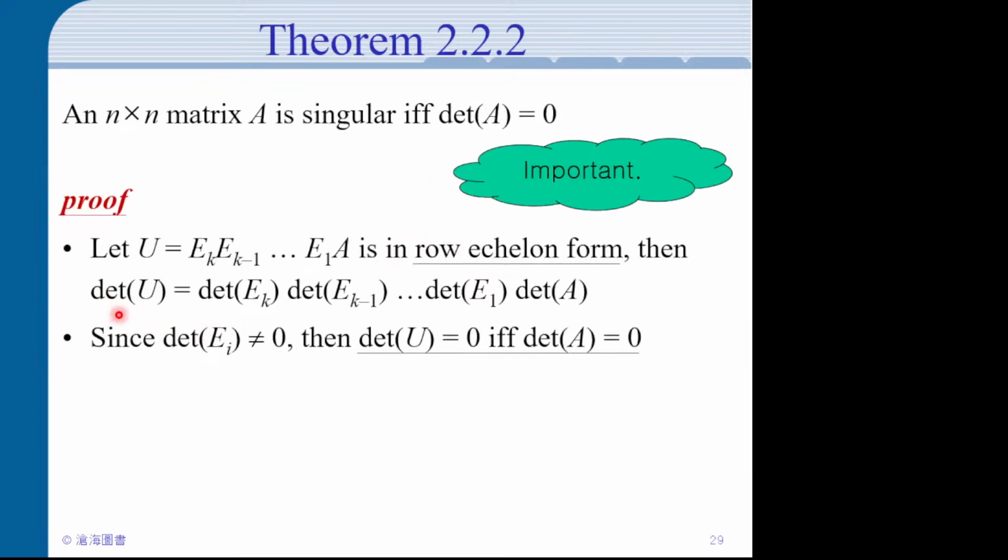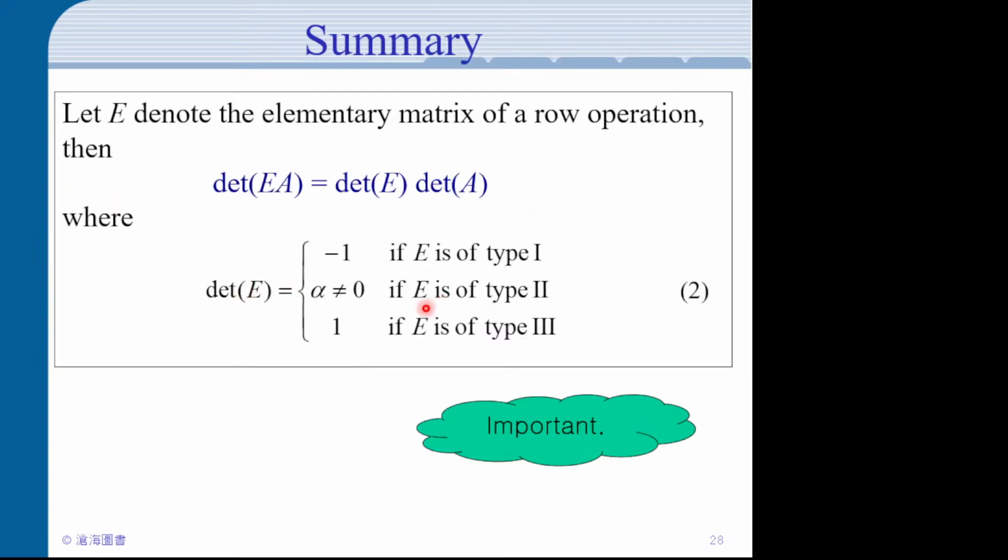So the determinant of this row echelon form equals the determinant of all those row operations times the determinant of A. All the row operations here have non-zero determinant, because you don't multiply by alpha equal to 0.